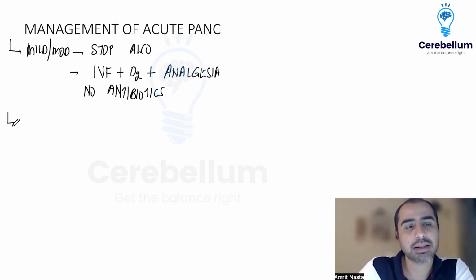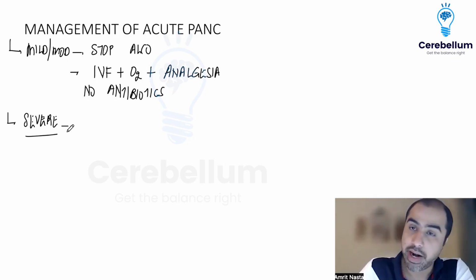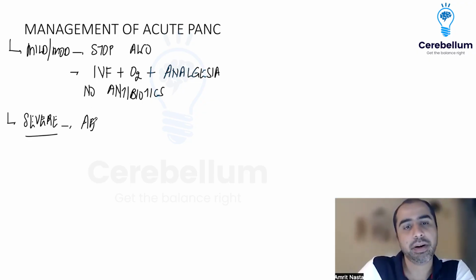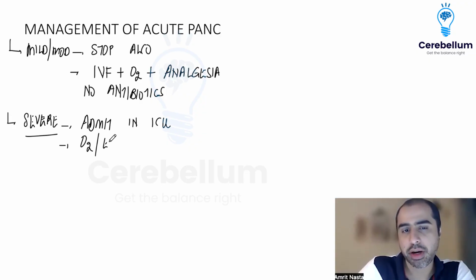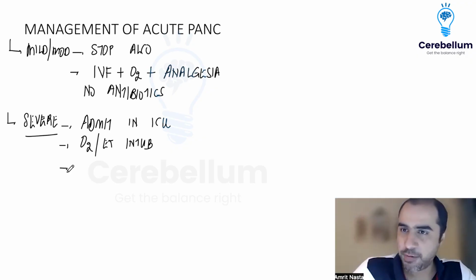If he has severe pancreatitis, means he has come with pancreatitis and organ failure. Some organ has failed. This patient has to be admitted in ICU. If he's having breathing problem, oxygen or endotracheal intubation may be needed. He may require, if he's having renal failure, he may require dialysis, वगैरह.